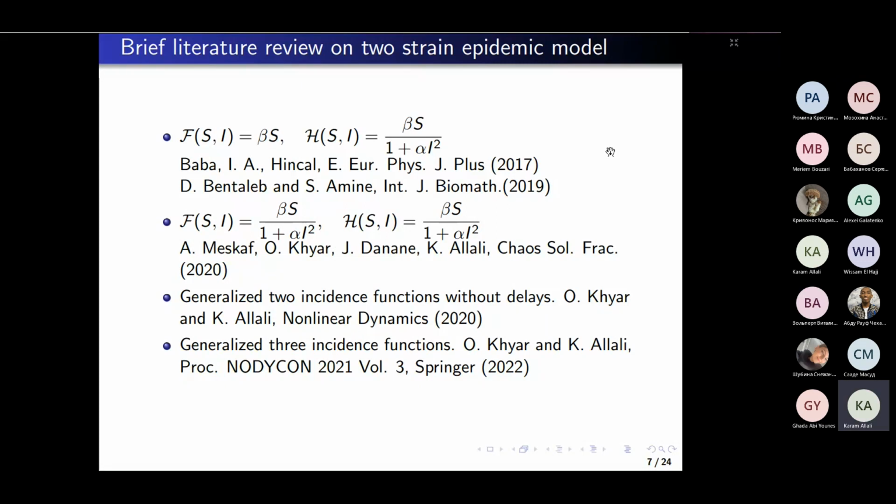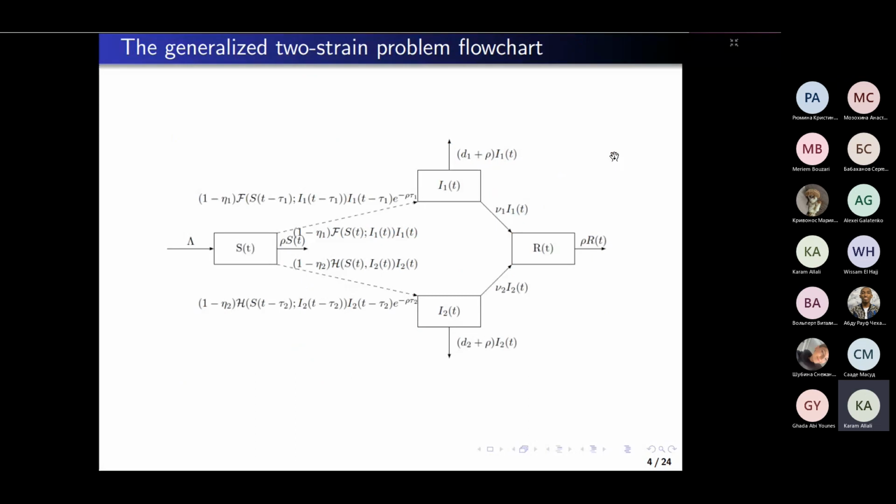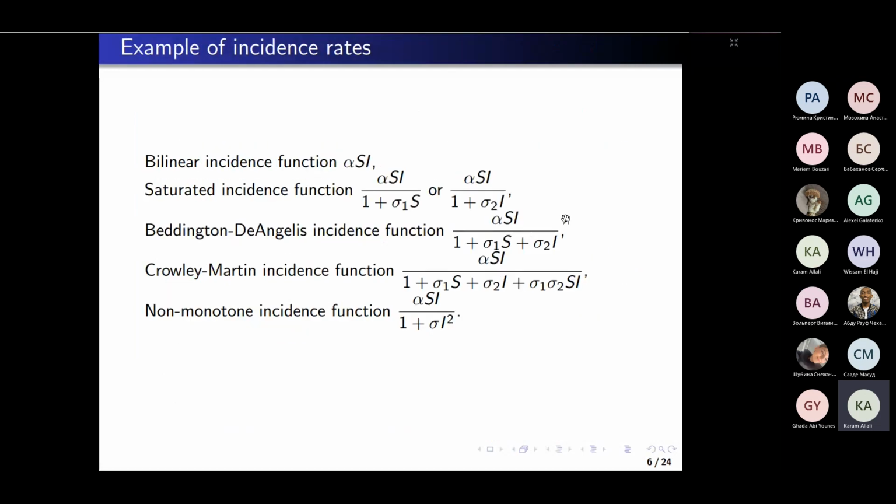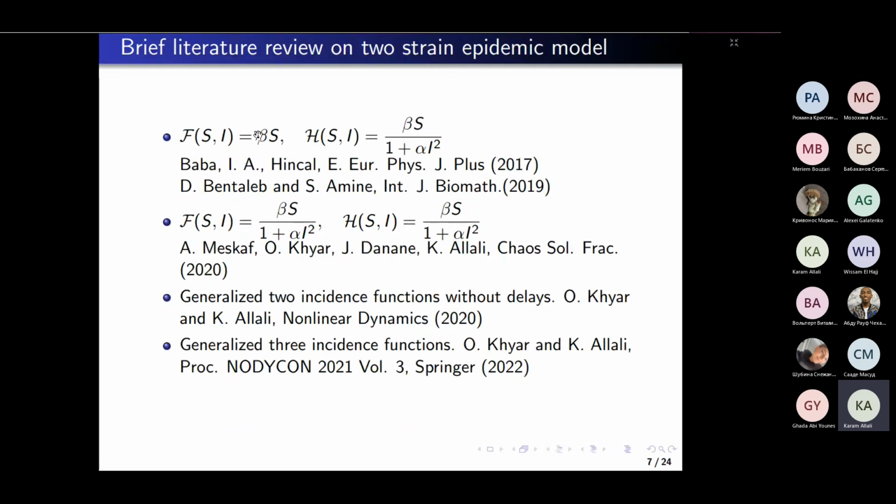Because in our model we have F(S,I1) multiplied by I1 and H(S,I2) multiplied by I2. So here we have removed this I from each incidence. This is why F is equal to beta S. But in the model, it takes into account beta S multiplied by I.